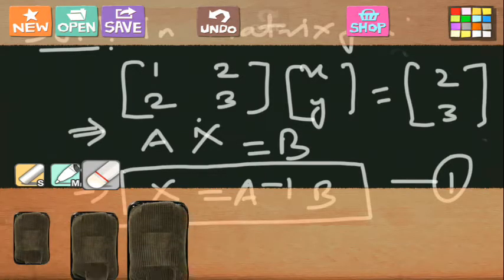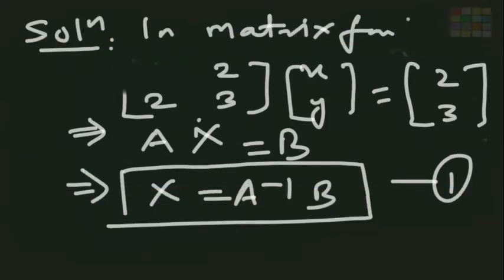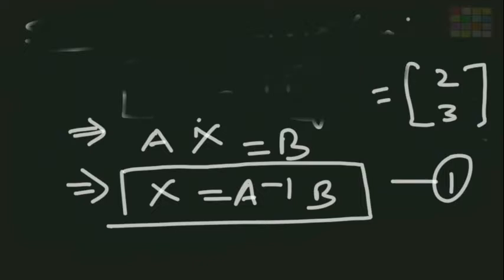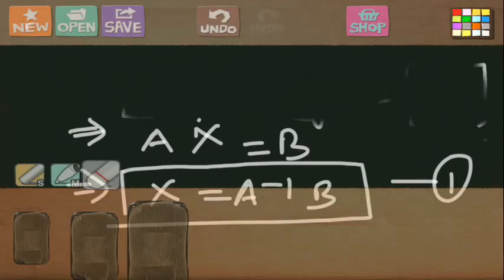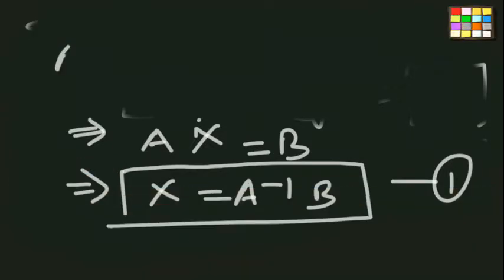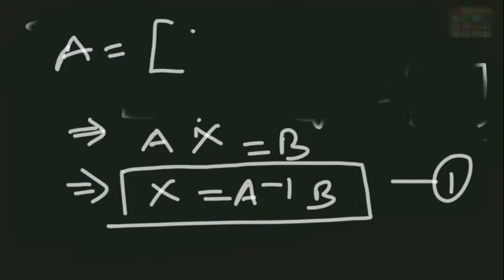After writing this step, you will start with A. Here matrix A is 1, 2, 2 and 3.